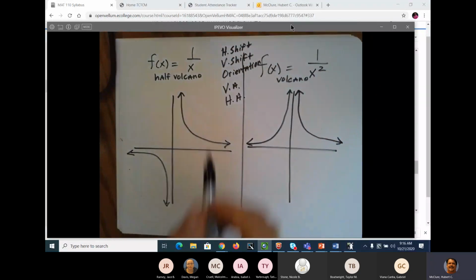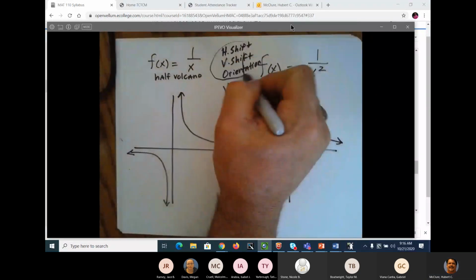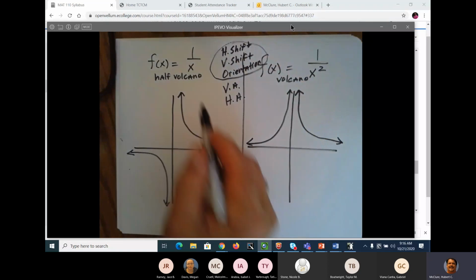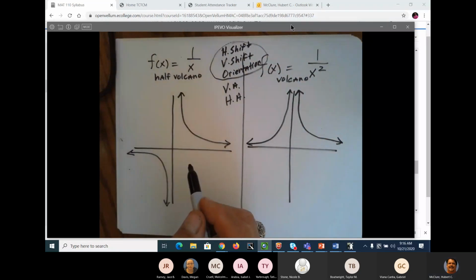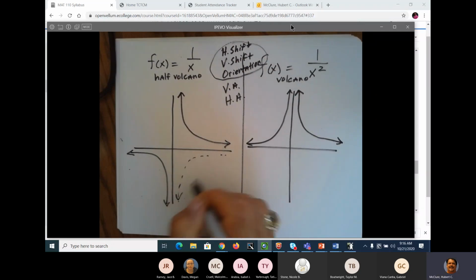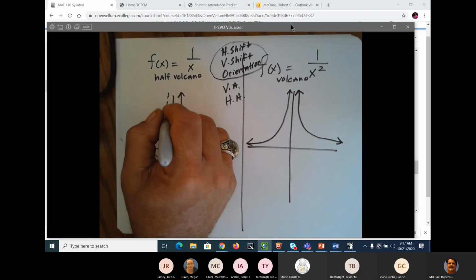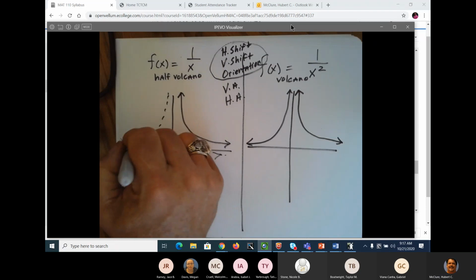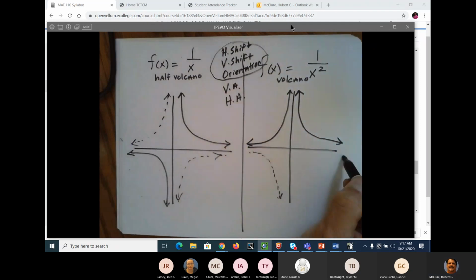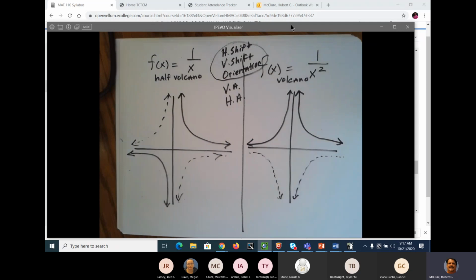All of this you already know. If this is a negative, then it's going to be flipped. If the negative is on this side, it looks like this. Negative over here is going to look like this. So the orientation, you know the orientation.